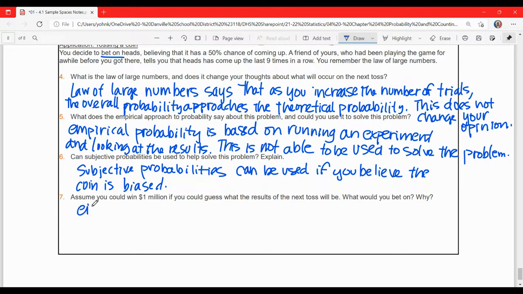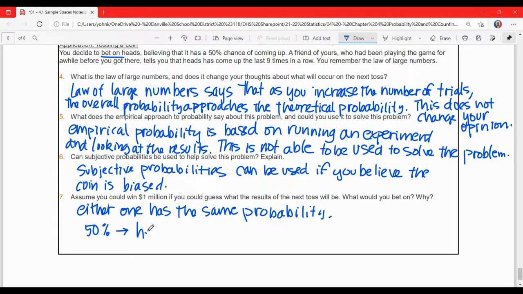Either one has the same probability. 50% heads and 50% tails. So if you want to burn some money, go for it. It's not going to change the outcome.